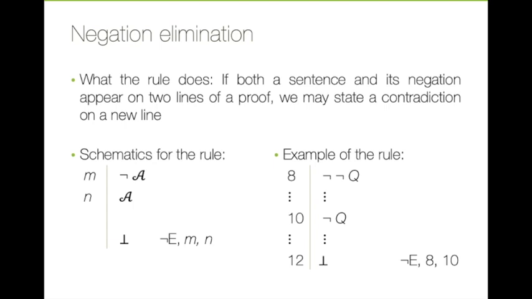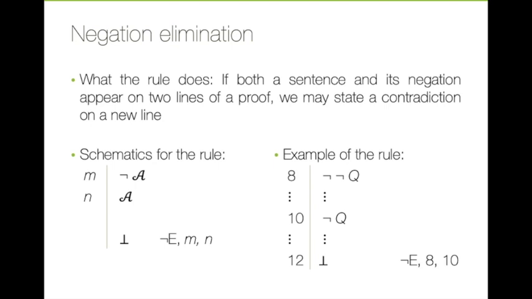So let's look again at an example. On line 8, we find not Q. On line 10, we derive Q. Because sentence 8 is the negation of sentence 10, we can apply our negation elimination rule and then state a contradiction on some subsequent line, here line 12.